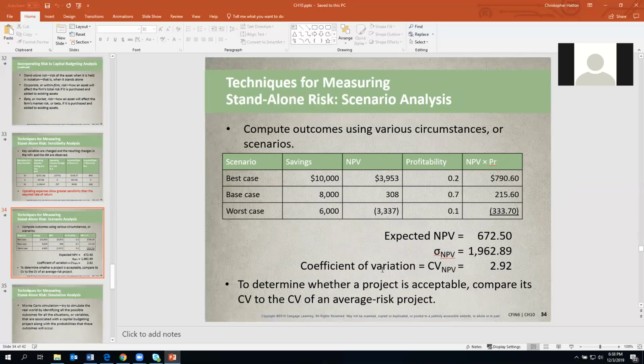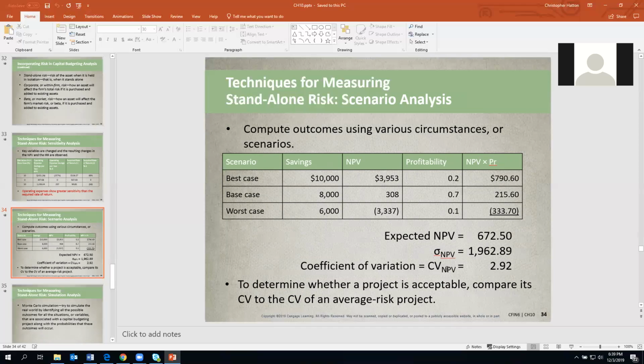So coefficient of variation is going to be your kind of statistical analysis of whether or not your projection into the future is going to be close to what it really will be.